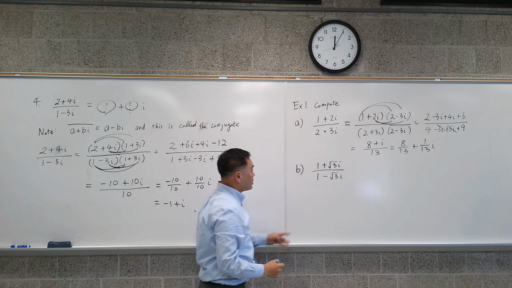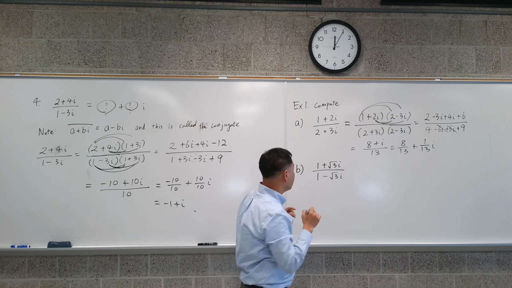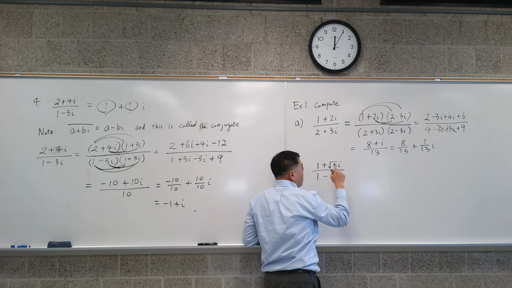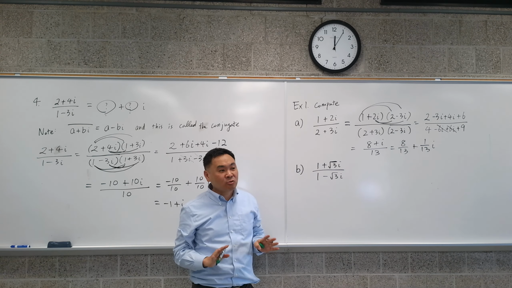Okay, let's try the second one. So you have the square root only over 3, so i is outside the square root. Now it's still possible to take the square root of i.